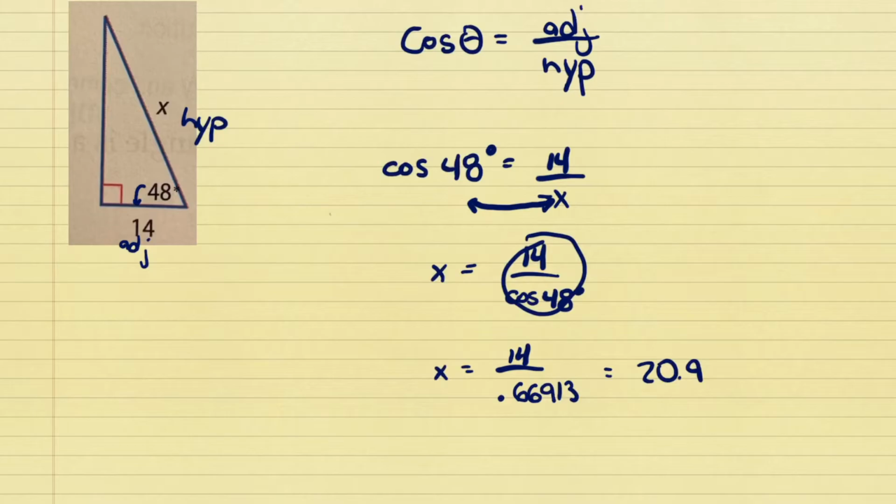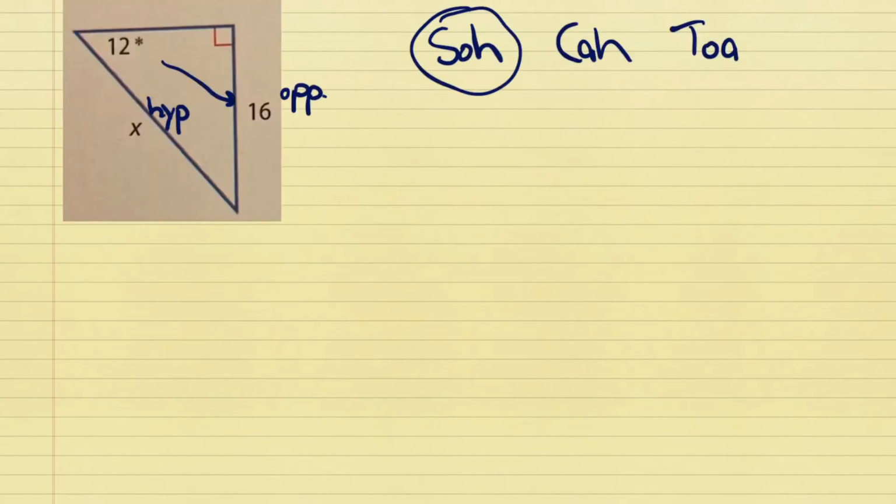All right, next one. Let's do some labels here. This is the opposite wall, across from the angle. This is the hypotenuse again. So in Sohcahtoa, it looks like I'm using the Soh formula, opposite and hypotenuse. I'm not using the adjacent wall at all, so those were thrown out. The sine formula is opposite over hypotenuse.